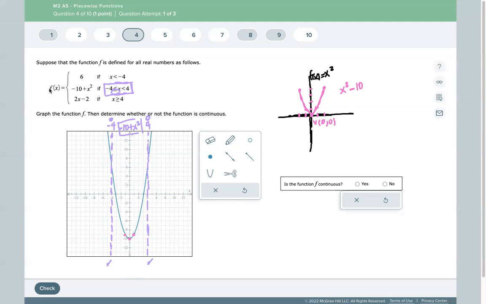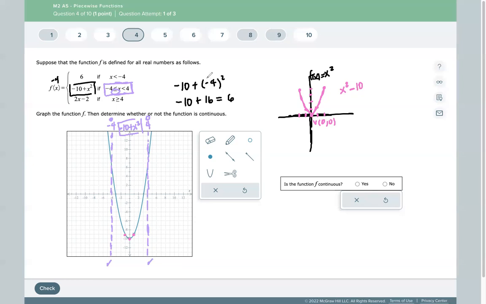you are going to evaluate this function at -4. That means you substitute -4 here. You end up with -10 plus -4 squared. -4 squared is 16, so the answer is 6.